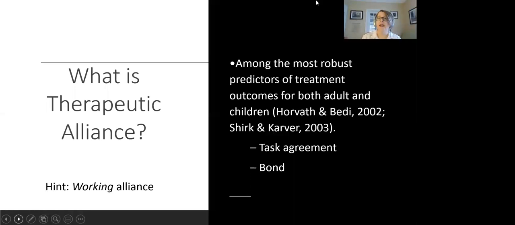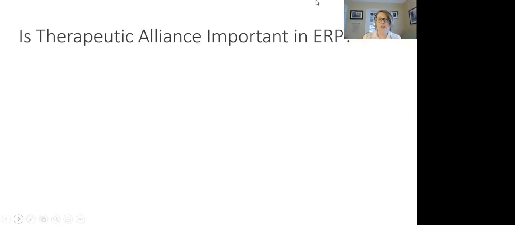Okay. And across the literature in general, this is not specific to any one tradition. It's a pretty robust predictor of outcome, right? And it's associated with outcome. It could be bidirectional, that when you are doing well, you really like your therapist, or vice versa. But I think it's important to think about here, right?